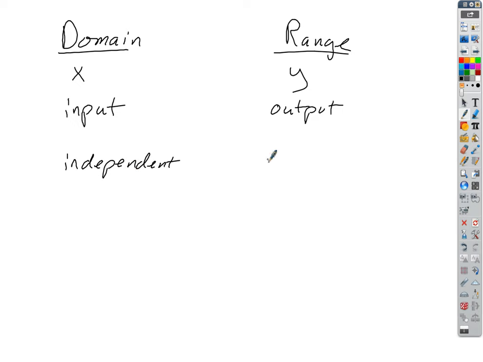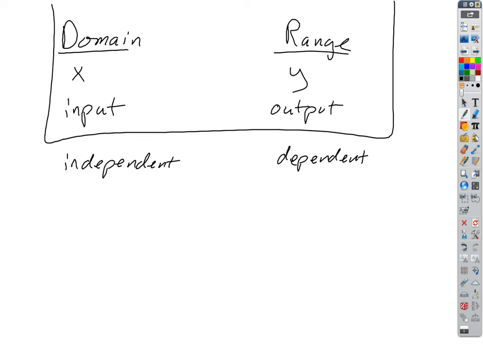And the y would be the dependent, right? Okay, does that make sense? Here's one way to remember that. It doesn't work for independent and dependent, but we usually don't use those anyway. We almost always talk about domains and ranges in terms of those quantities. D before R alphabetically, X before Y, I before O, right? Just a way to keep that straight, okay?